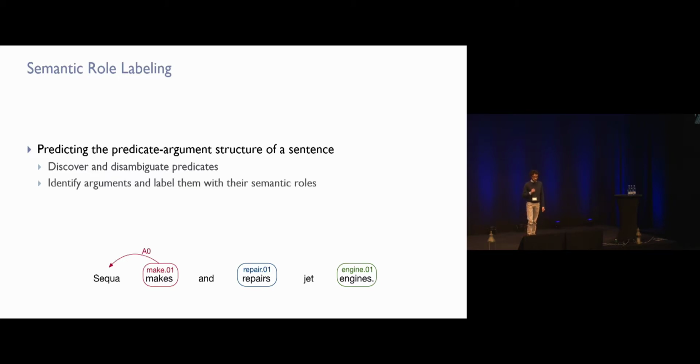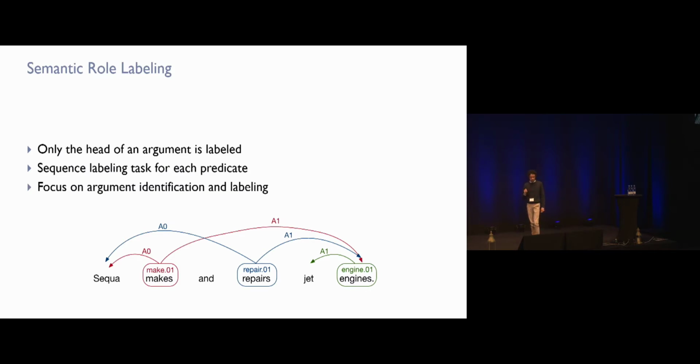And then we identify the arguments and label them with their semantic role. For example, for makes, we have the argument A0, that is Sequa, the creator, and engines, that is the argument A1, the creation. And we do this independently for each predicate. We identify and label the arguments.